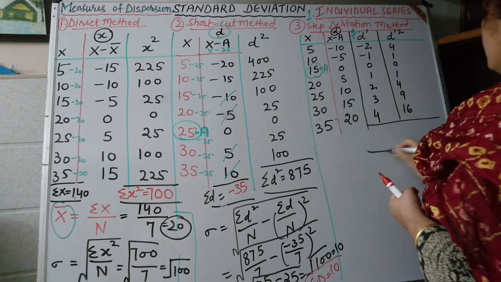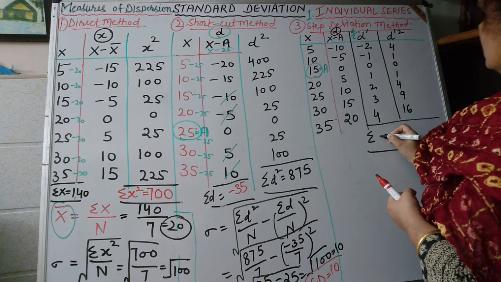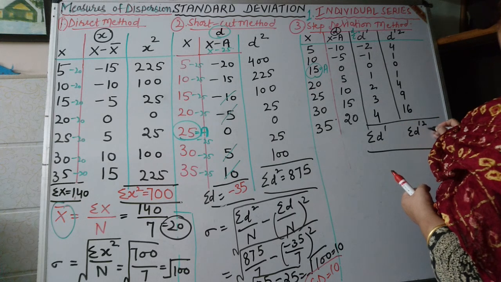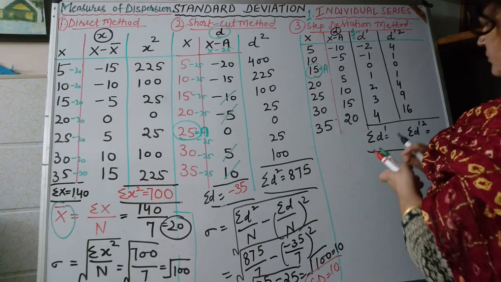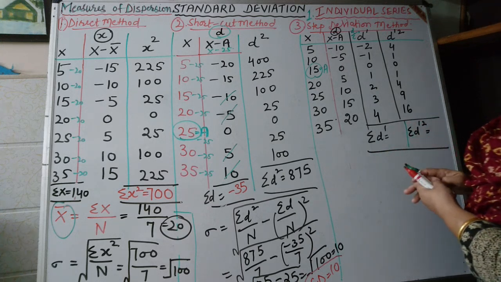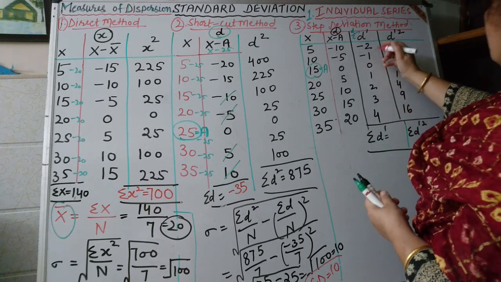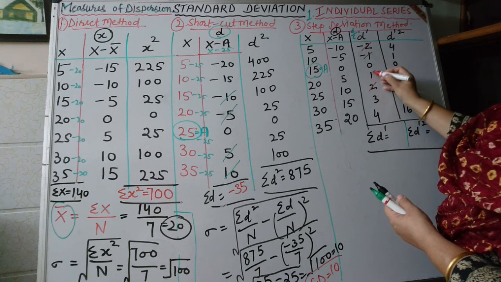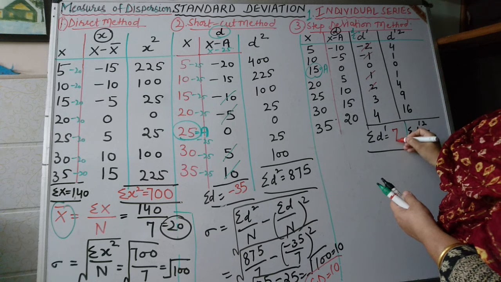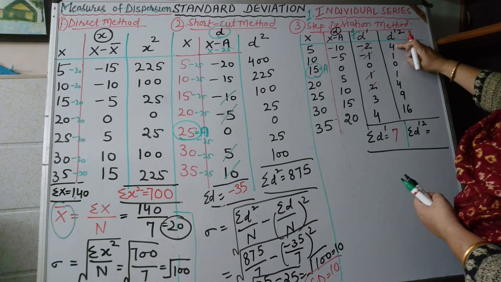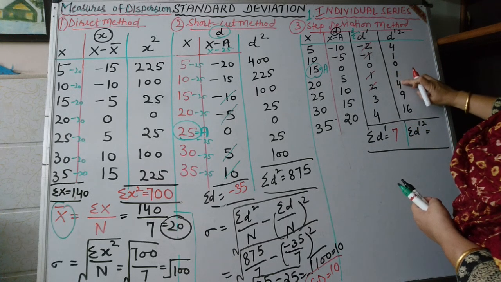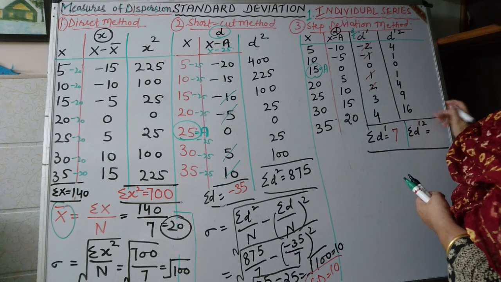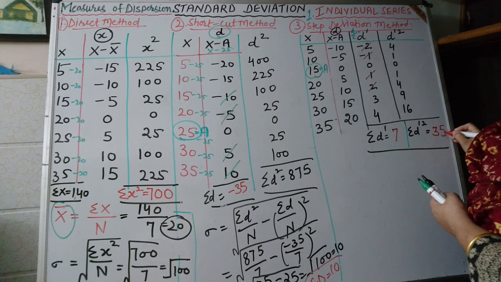And let us sum up sigma d dash and sigma d dash square. Sigma d dash is -2 plus 2, -1 plus 1, that is 7. And the calculations are 4 plus 1, 5, 6, 10, 10 or 9, 19, 19 or 16, 35.